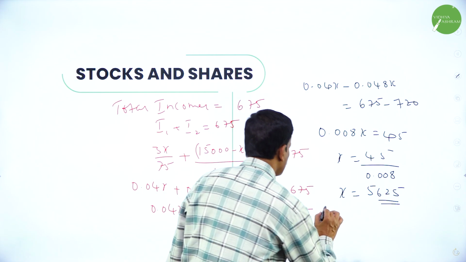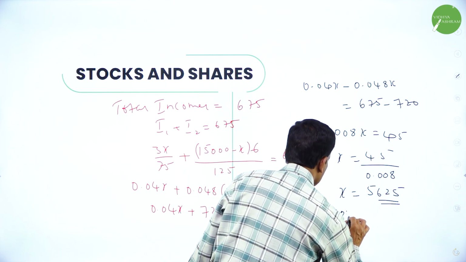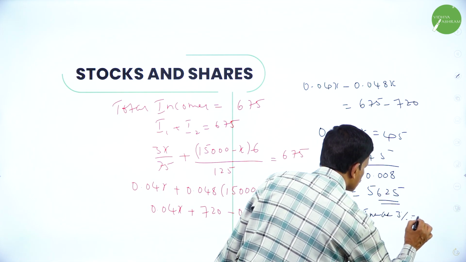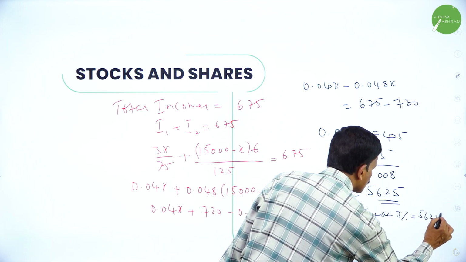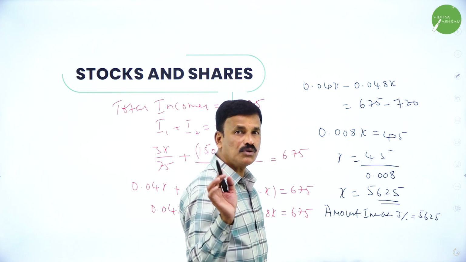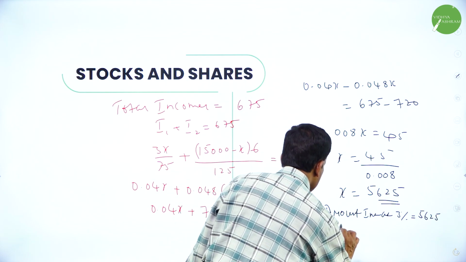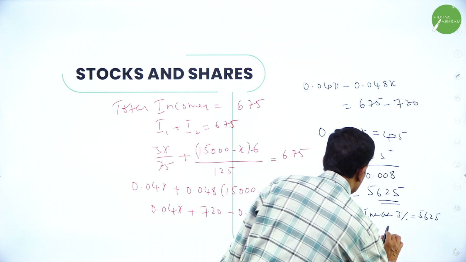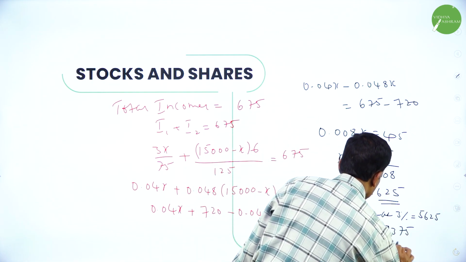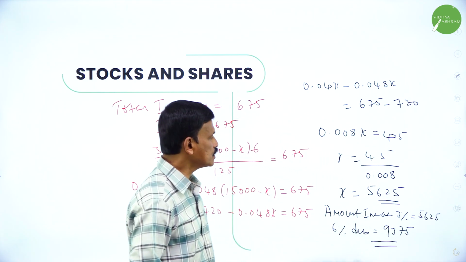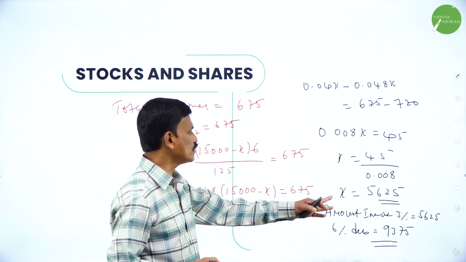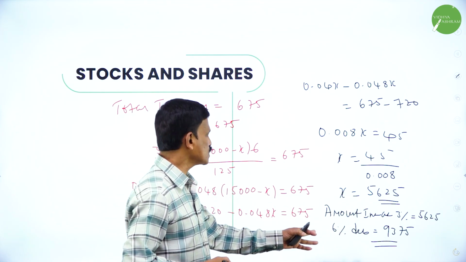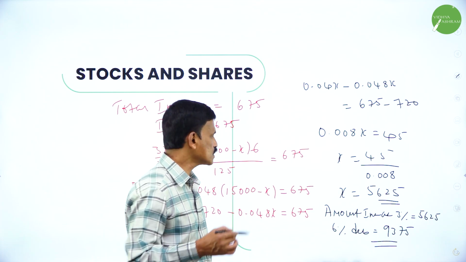So therefore amount invested at 3% is equal to 5,625 and amount invested in 6% debentures is equal to 9,375. That's it. If you add, you will get 15,000. This is how we calculate the amount invested at 3% stock, 5,625, and 6% debenture, 9,375.